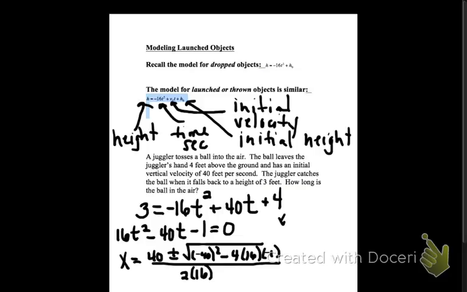That's going to give me x equals 40 plus or minus the square root of, when I plug all of this into the calculator, I'm going to get 1,664 over 32.